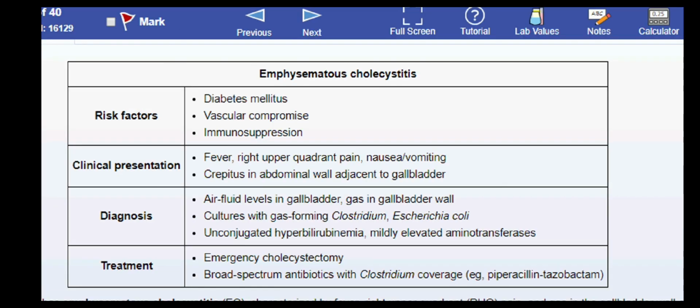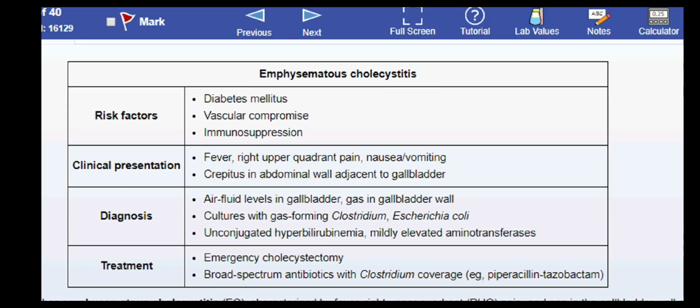Okay. So what about emphysematous cholecystitis? Here we'll see fever, right upper quadrant pain, nausea, vomiting, but the most important one, meaning emphysematous, we see air, and that air means crepitus in the abdominal wall adjacent to the gallbladder.